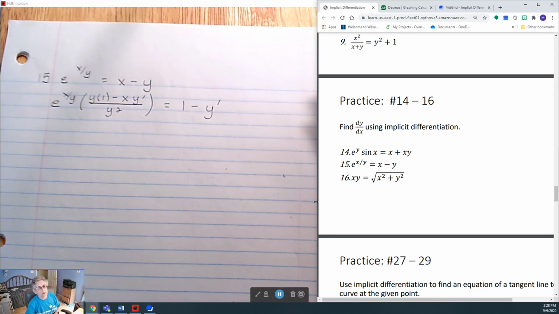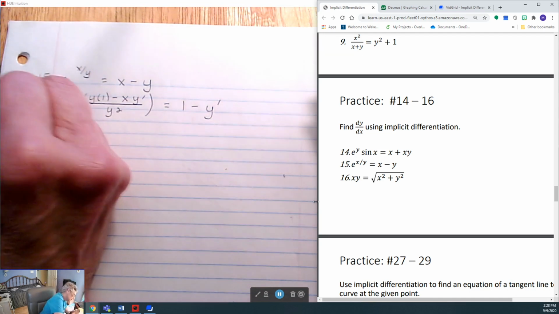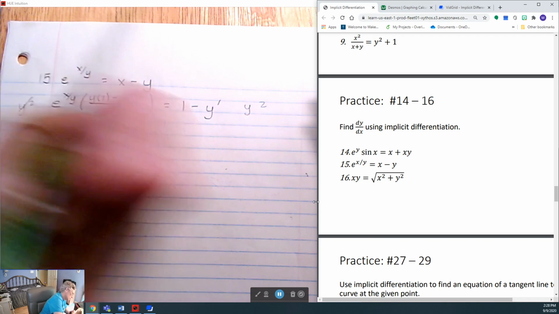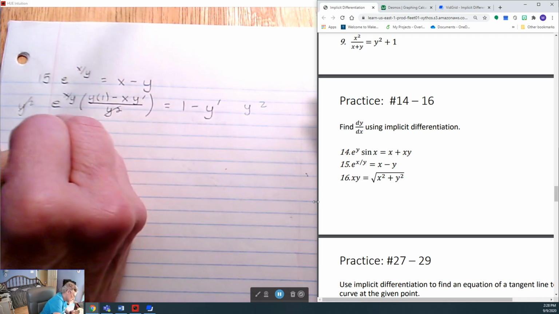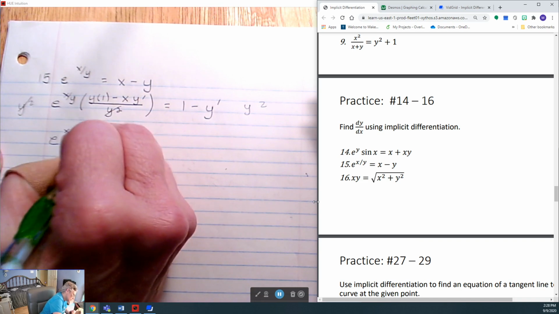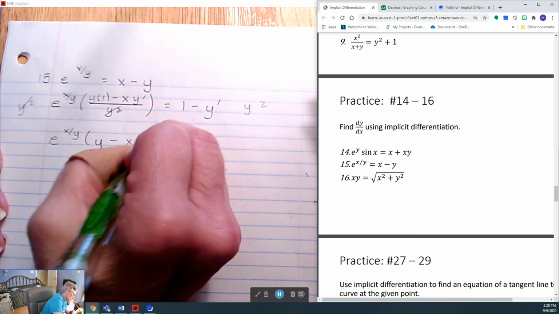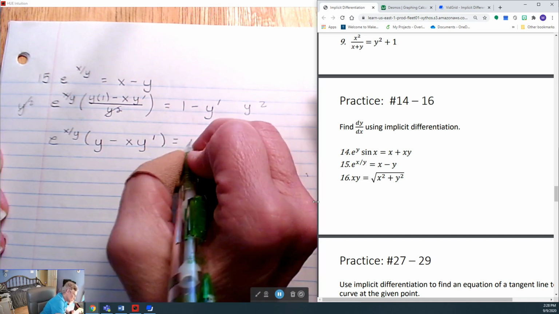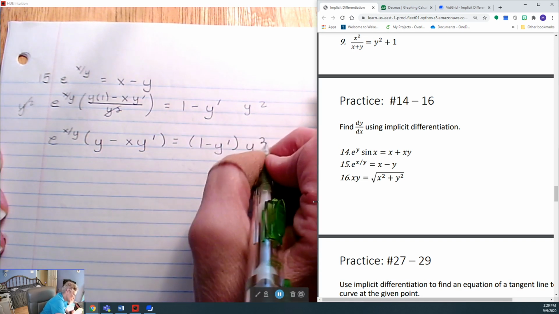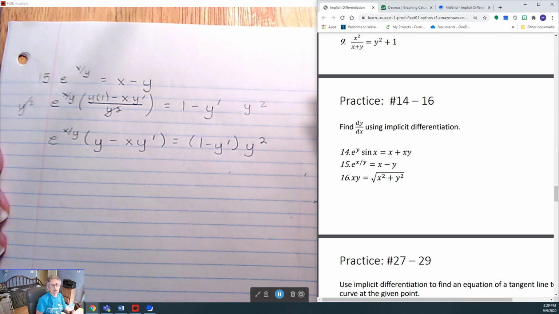Okay, let's definitely throw some algebra at this thing. Let's multiply both sides by y squared. Get rid of the fraction. Nobody likes fractions. Y minus x y primed equals 1 minus y primed times y squared.